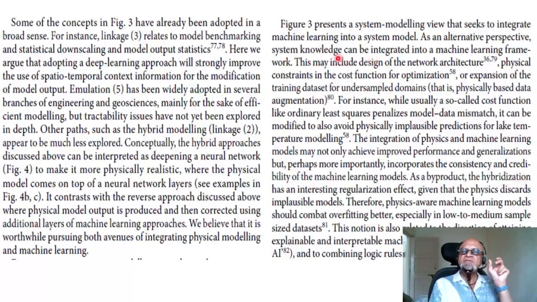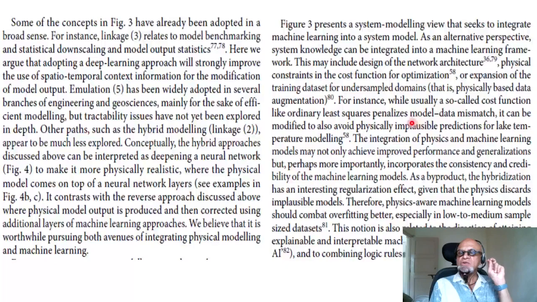As an alternative perspective, system knowledge can be integrated into a machine learning framework, and this may include design of the network architecture, physical constraints in the cost function for optimization, or the expansion of training datasets for undersampled domains, that is physically based data augmentation. Right? Imagine you have sampling limitations, but AI/ML can help you overcome some of this with physically based data augmentation.